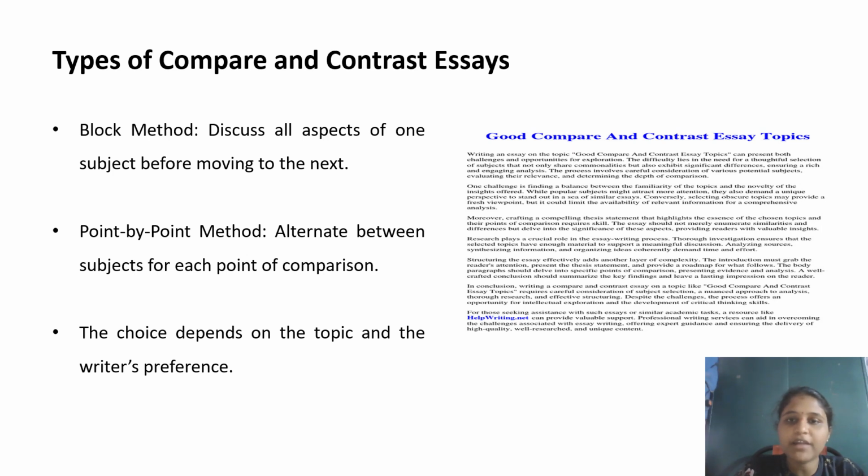It can compare the two subjects and their differences. The choice depends on the topic and the writer's preference. The block method is very useful in short essays when subjects are simple, and the point by point method is best for detailed comparison and academic essays.